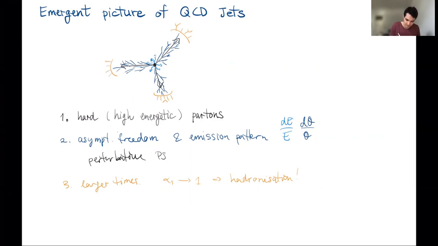And there's no fundamental theory describing this. There are only models. So essentially there are 2 out there. One is the Lund string fragmentation model, and the other one is the cluster fragmentation model.